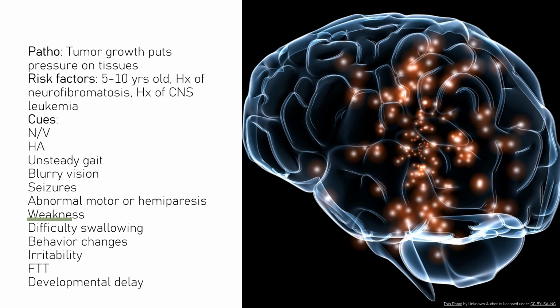Nausea, vomiting, headache, they're going to have an unsteady or ataxic gait, possibly blurred or double vision, seizures can occur, they might have abnormal motor function or be completely weak or paralyzed on one side, difficulty swallowing, they might have behavioral or personality changes, that it was a really nice child who listened and was very intelligent and liked to please, and then all of a sudden they're angry and combative and say hateful things, and that can literally just be because of where the tumor is pressing.